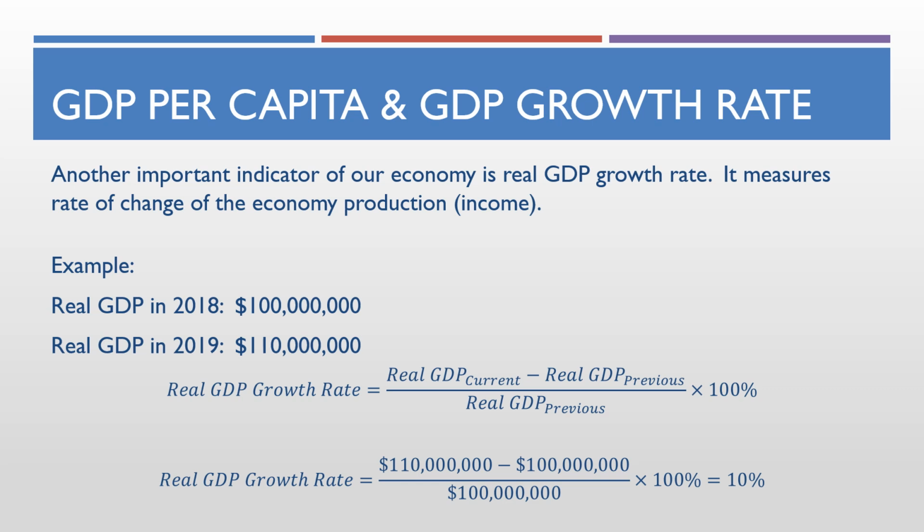In this case, the real GDP goes from $100 million to $110 million from 2018 to 2019. As a result, the economy experiences 10% year-to-year growth of real GDP between the two years.